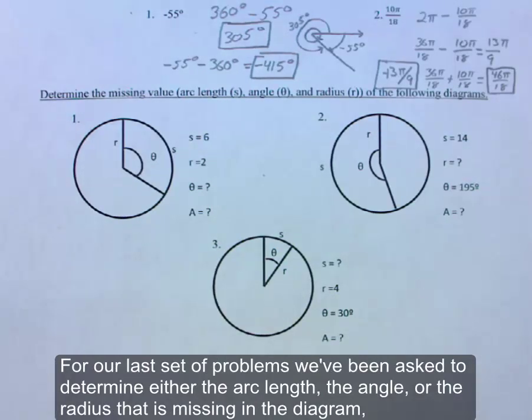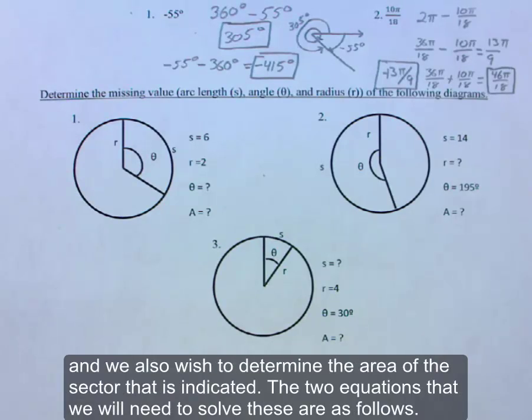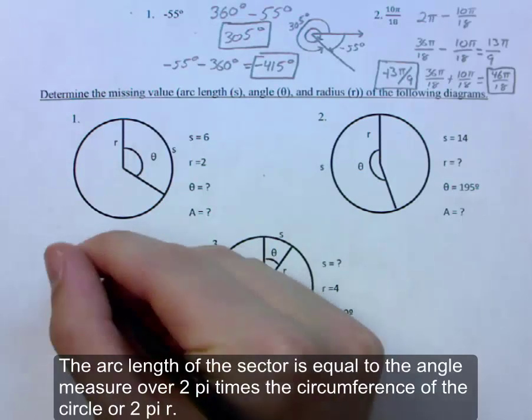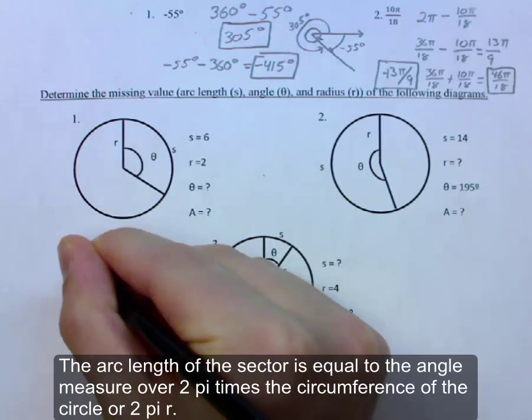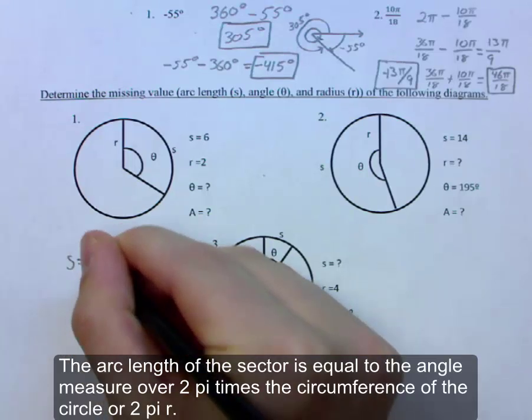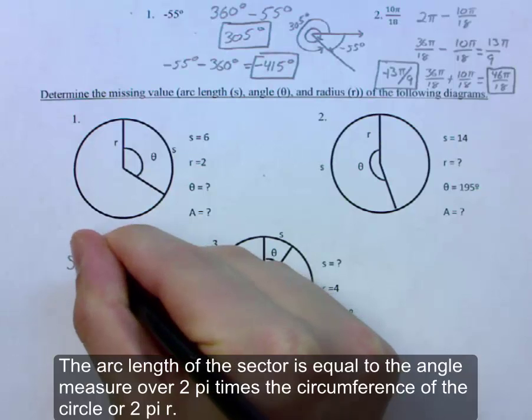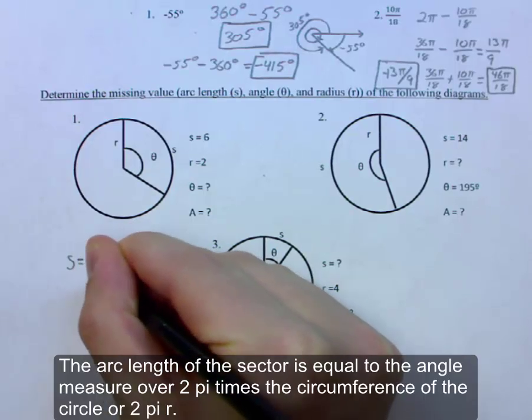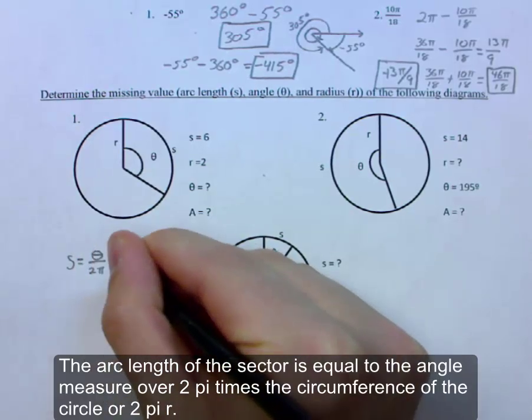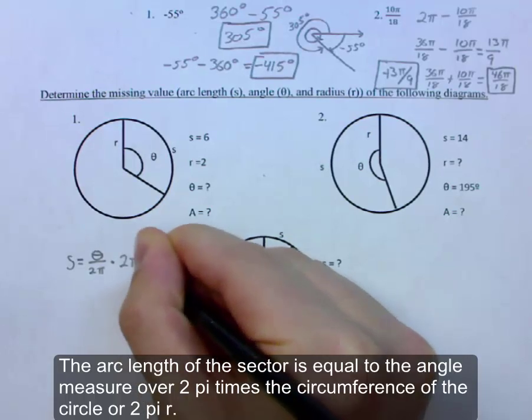For our last set of problems, we've been asked to determine either the arc length, the angle, or the radius that is missing in the diagram, and we also wish to determine the area of the sector that is indicated. The two equations that we will need to solve these are as follows. The arc length of the sector is equal to the angle measure over 2 pi times the circumference of the circle, or 2 pi r.